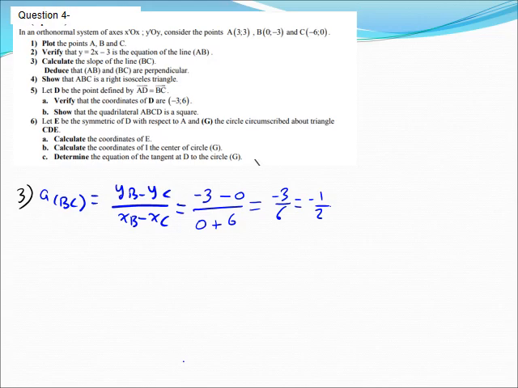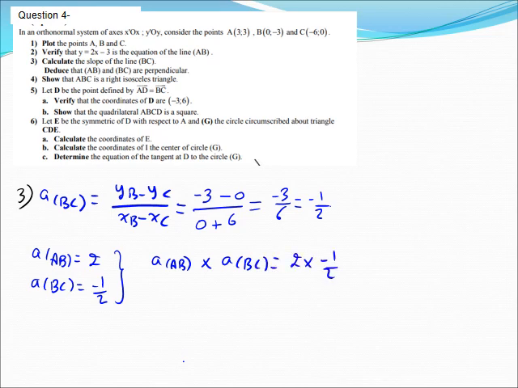Then deduce that AB and BC are perpendicular. Slope of AB equal 2. Slope of BC equal minus 1 over 2. So slope AB times slope BC equal 2 times minus 1 over 2 equal minus 1. Then AB is perpendicular to BC.